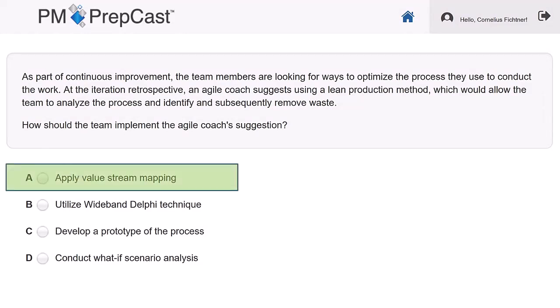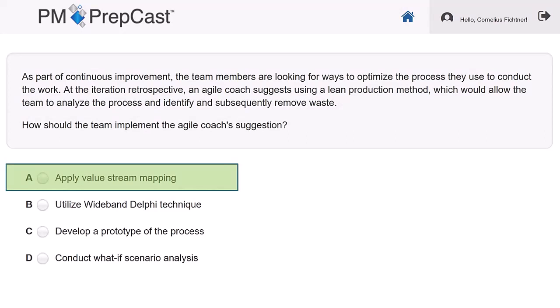Apply value stream mapping. Now, value stream mapping, that is a lean method which is used to document, analyze, and improve the flow of information or materials that are required to produce a deliverable.